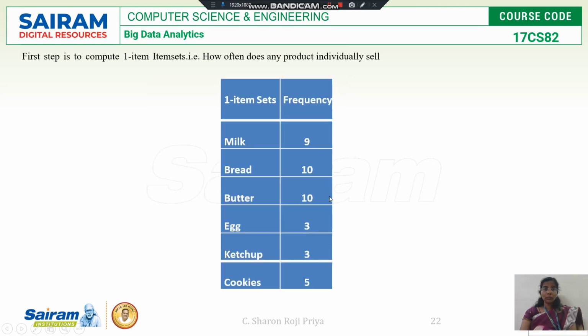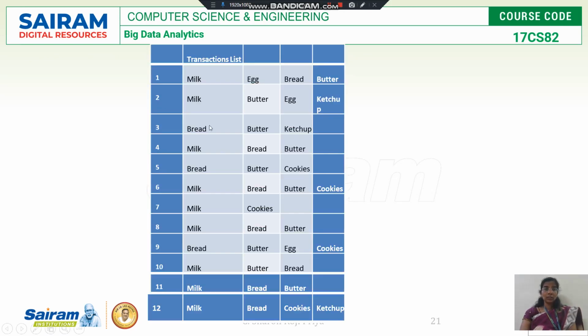As the first step, I am going to write the one item sets, that is, how often does any product sell individually. We have 6 items in our transaction list; go to the transaction list and count every item.